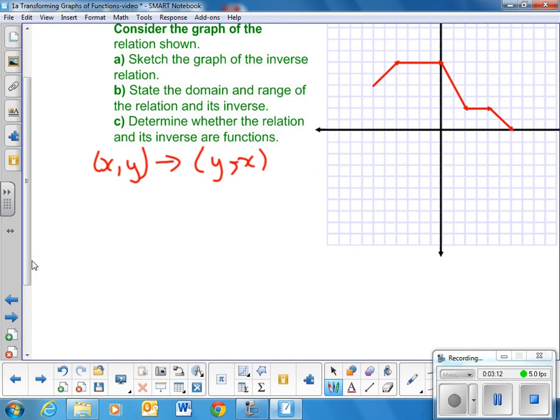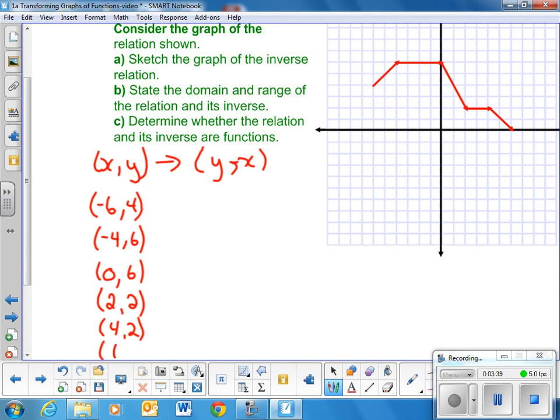Our first one is the point (-6, 4). Then we have (-4, 6), (0, 6), (2, 2), (4, 2), and finally (6, 0).